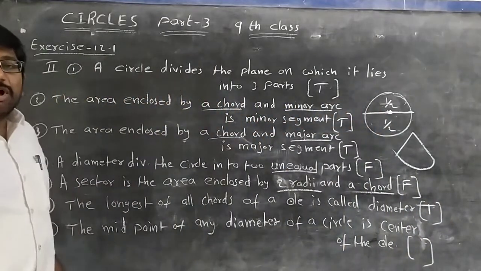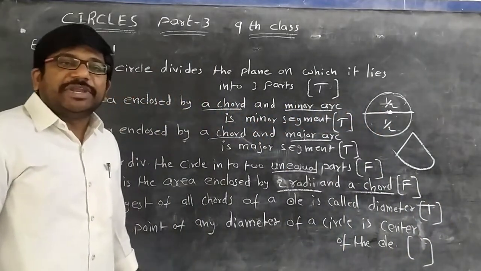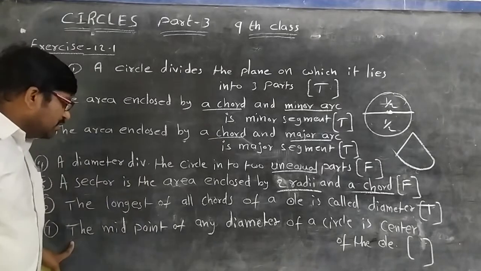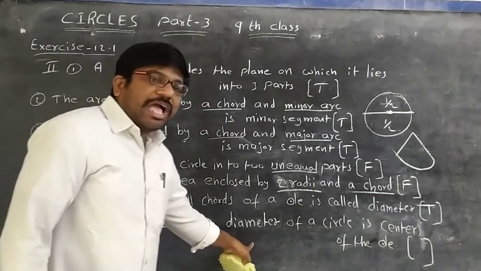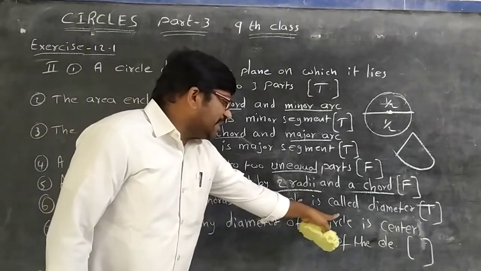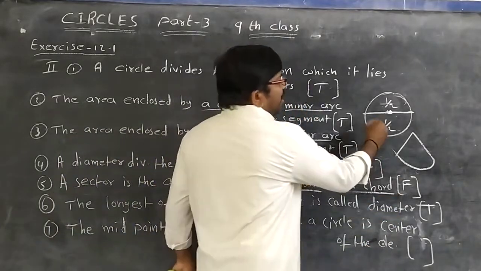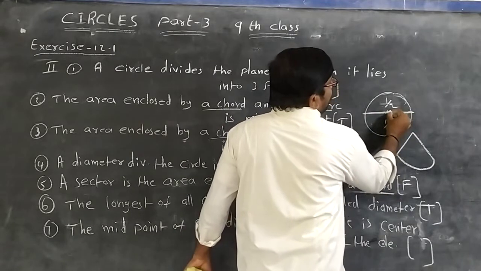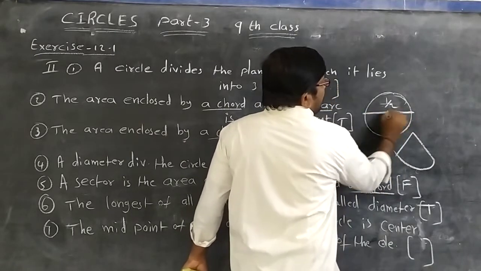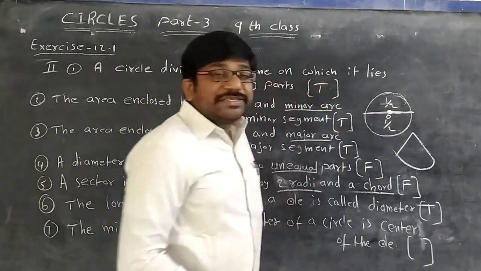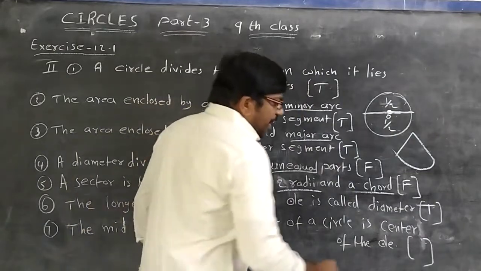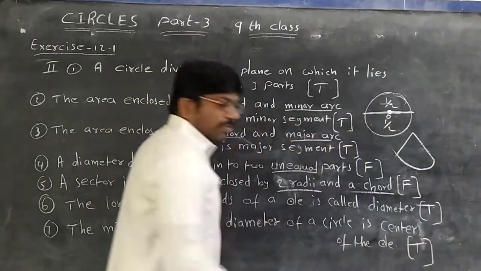Next, the midpoint of any diameter of a circle is the center of the circle. Observe carefully. It is the diameter, and this is the midpoint. So the midpoint of a diameter is the center of the circle. So it is also true, right?